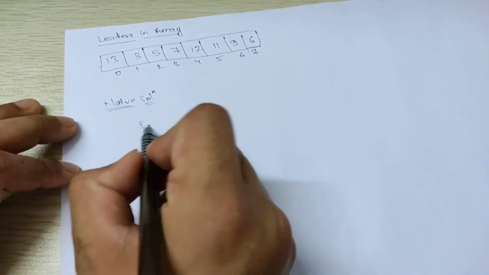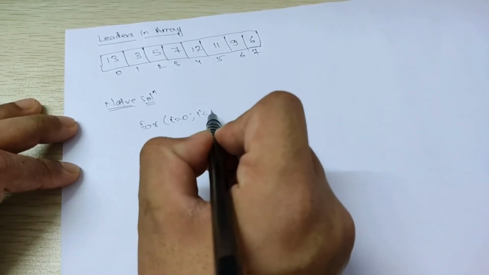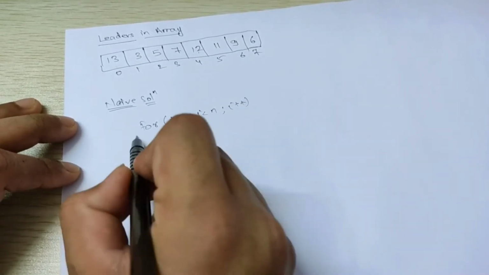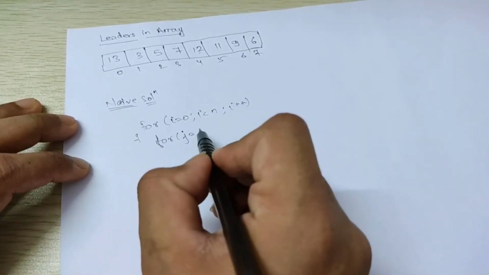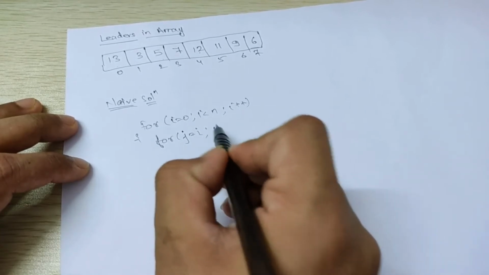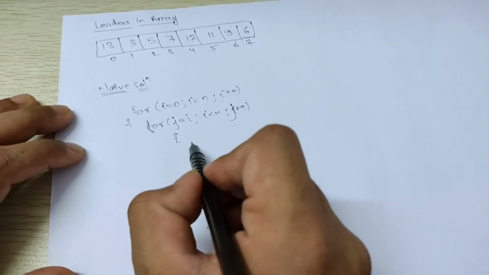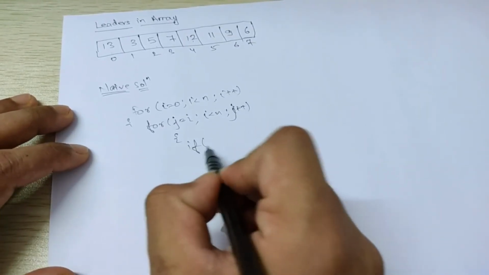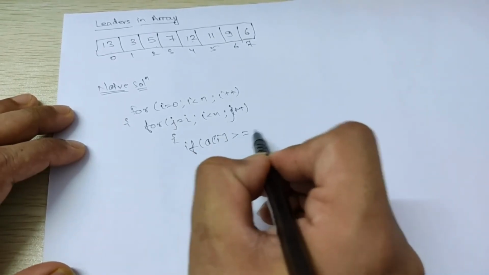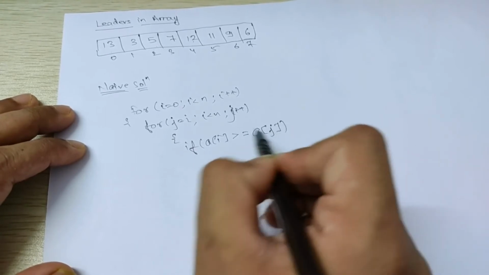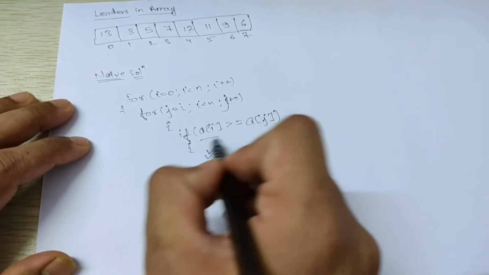So what you can do, you can start the loop i from 0 to n, and then you can nest a loop j from i up to n, incrementing j, and then you can say if a of i is greater than or equal to a of j, then you can say this a of i is the leader.